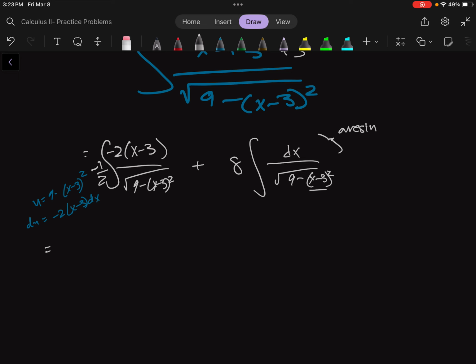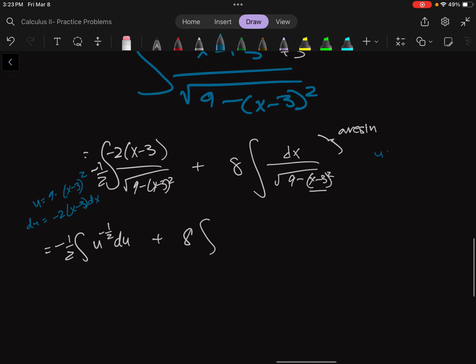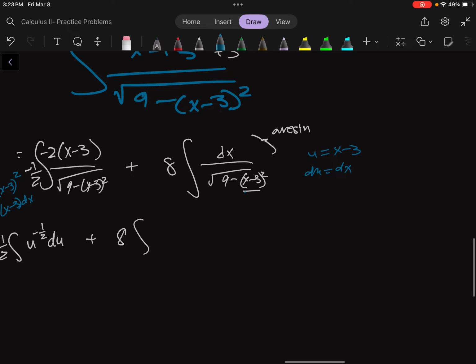Right, so now we have negative 1/2, the integral of du over the square root of u, so u to the negative 1/2 du, plus 8 integrals. Let's figure out what this one is. If we call u just x minus 3, then du is just dx, and it works out because then this is u squared, and then if a squared equals 9, a equals 3.